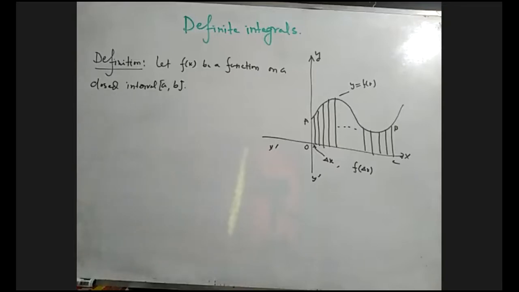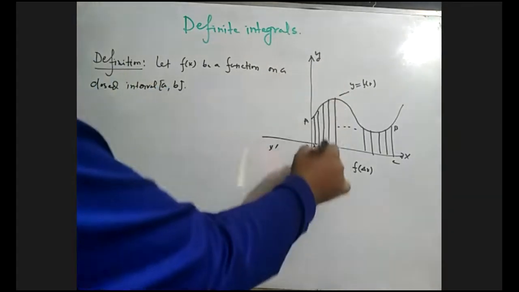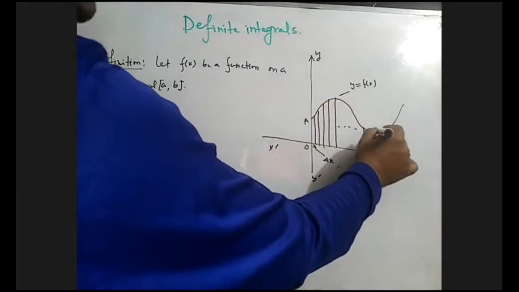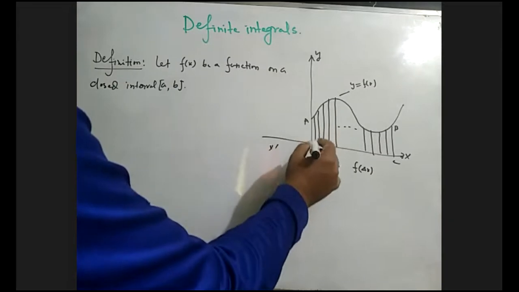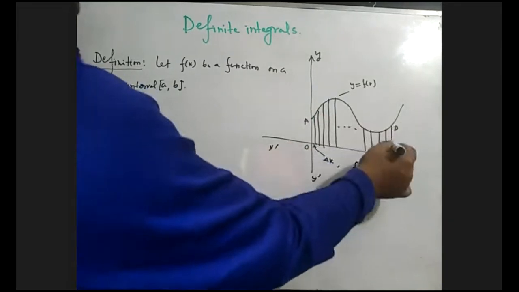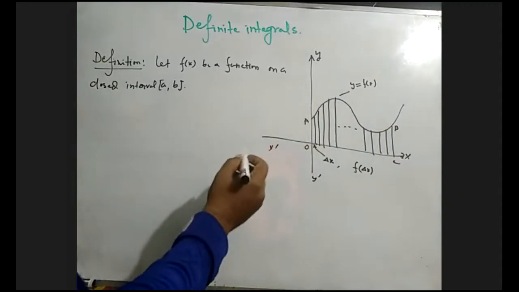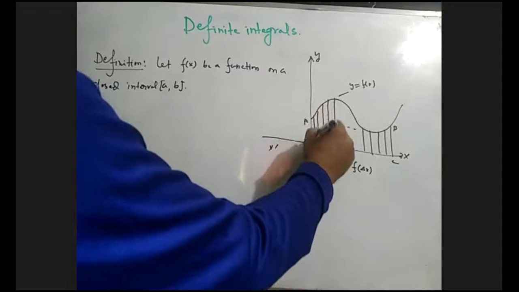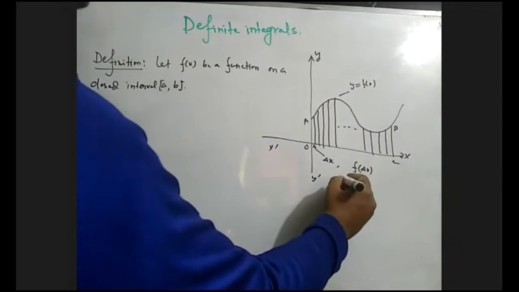So what will be the definition of definite integrals? This is the y-axis and this is the x-axis. Suppose y equals f of x is the curve. Now we have to find the area UABC. This area can be found if we divide this part into equal parts, or k parts.